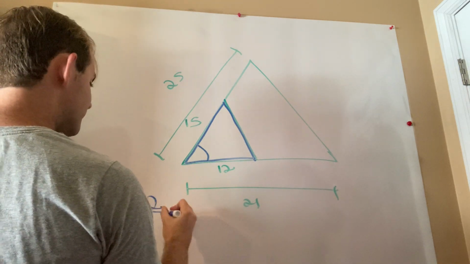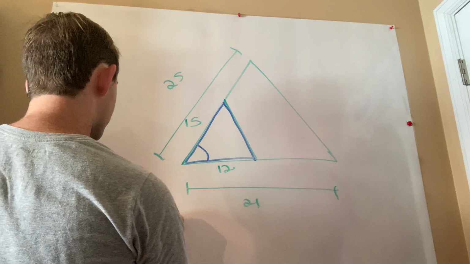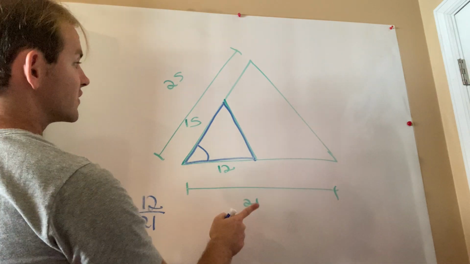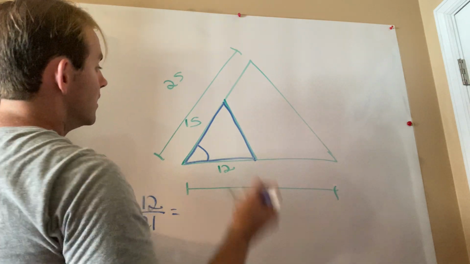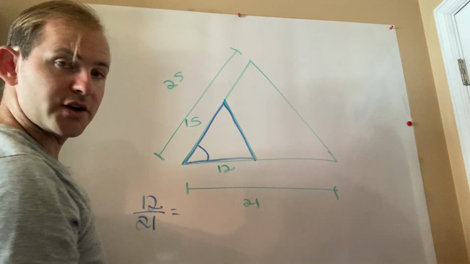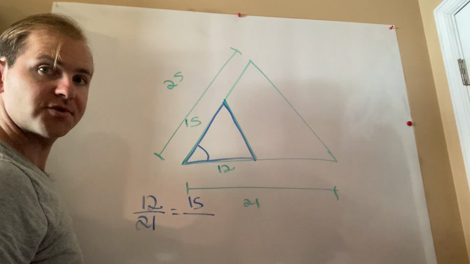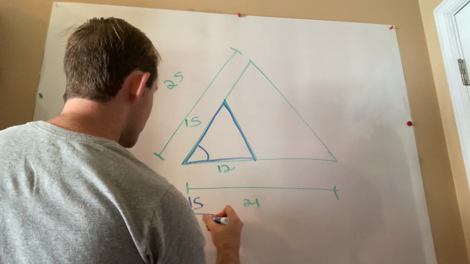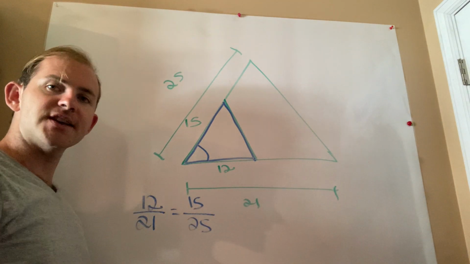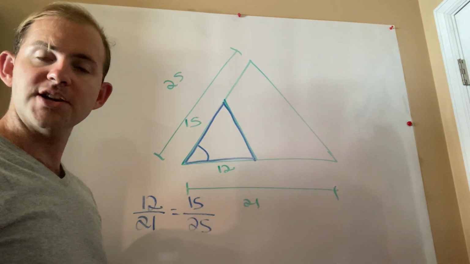So I'm going to take 12, and I'm going to put it over 21, which is the smallest number in the big one. All right, what's the largest number in that triangle? That would be 15, right? What's the largest number in the other one? 25.